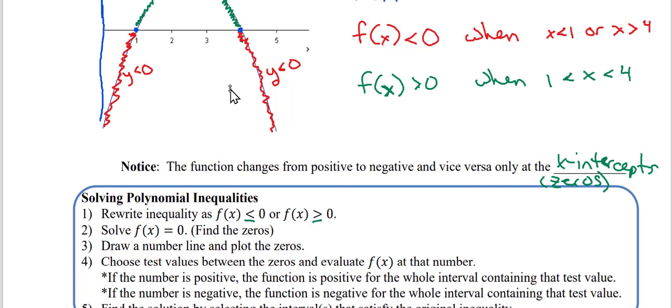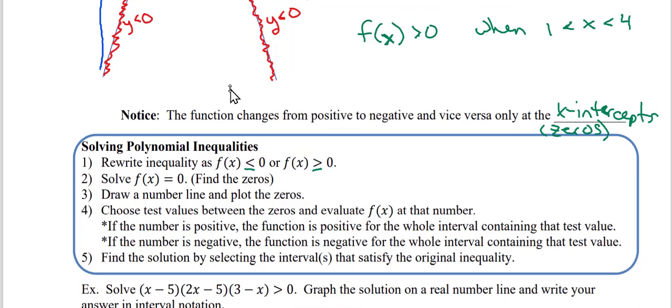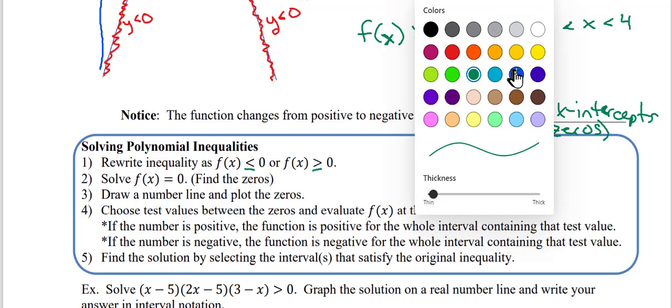If we get a positive, the function will be positive on that interval. If you get a negative, the function is negative on that interval. And then we want to know, which do we want? Do we want the function to be negative or positive? Let's take a look at what I mean through an example here. We'll work through these.